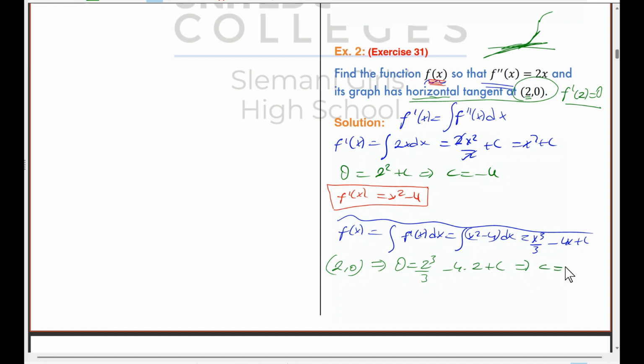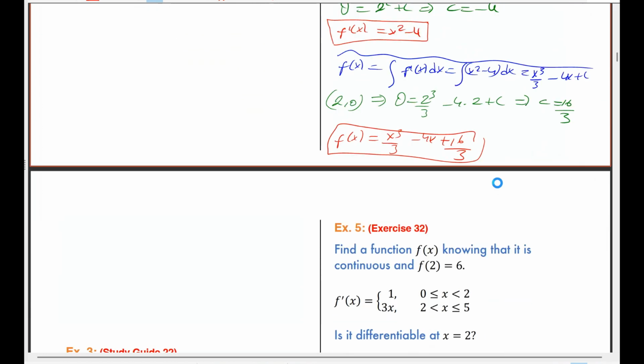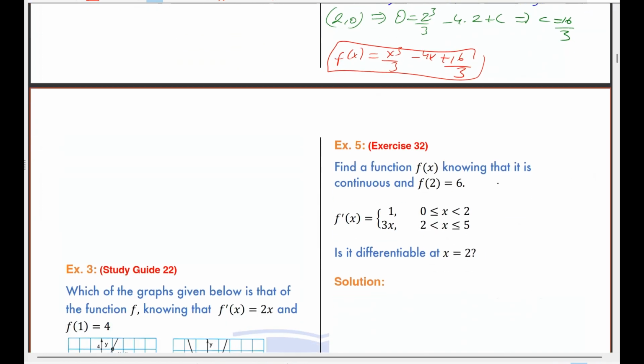So you'll get C as 16 over 3. Now my original function becomes x cubed over 3 minus 4x plus 16 over 3. Okay, it's a nice question, and there are similar ministry exam questions.